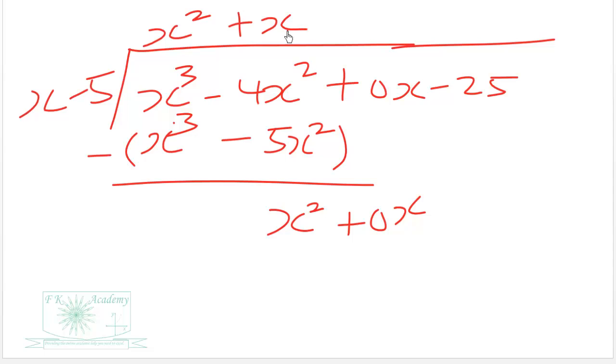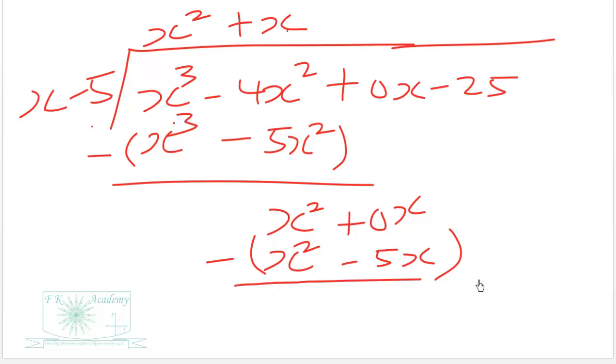So x by x will give us x squared, and x by minus 5 will give us minus 5x. So we subtract, and what do we obtain? We get positive 5x here. So we drop minus 25 here. We divide 5x by x again, we get plus 5.